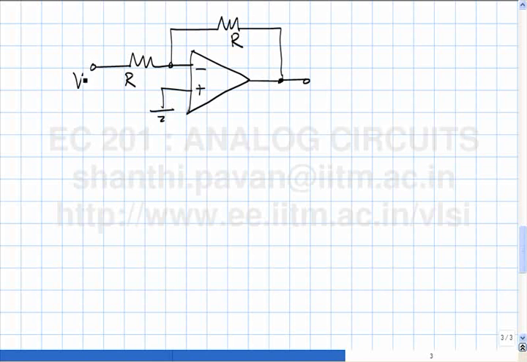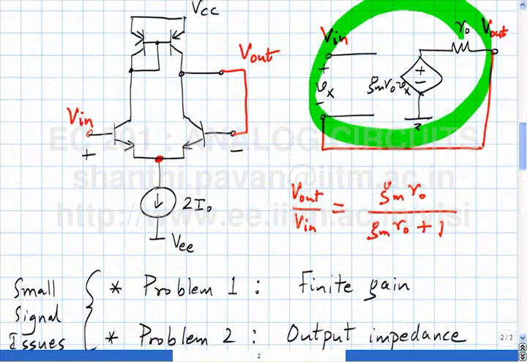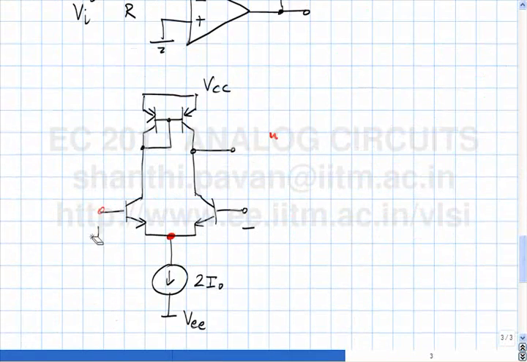R, VI, VO. So if the op-amp is ideal, Vout must be equal to minus VI. Now let's see if the same thing holds when we replace the op-amp with our transistor circuit and build the amplifier with that. So what should I do here? Where should the resistors come?